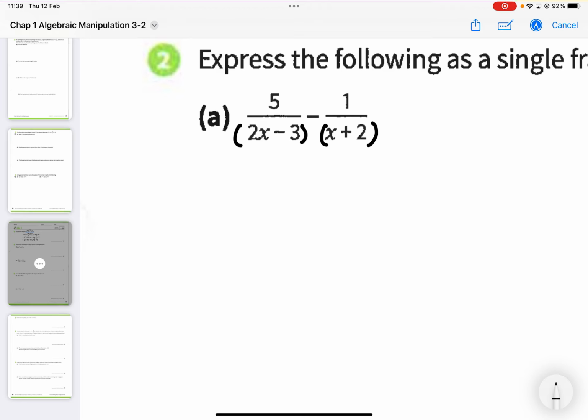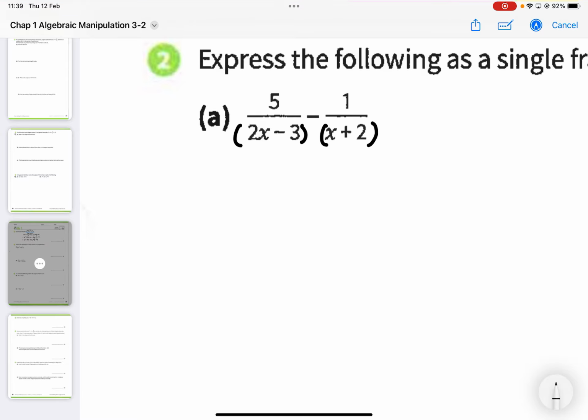So this is a fraction minus a fraction. If I know I am subtracting a fraction, then I must know that the next thing I want to do is make a common denominator. Whenever I am subtracting fraction and fraction, I make a common denominator. So that will lead me to how to make the common denominator.